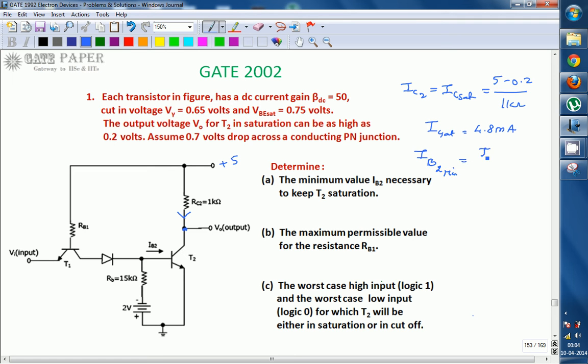IB2 minimum is nothing but IC saturation divided by beta. So IC saturation is 4.8 milliamperes divided by beta value given as 50, which is nothing but 96 microamperes. So the minimum base current required to keep the transistor in saturation is 96 microamperes.